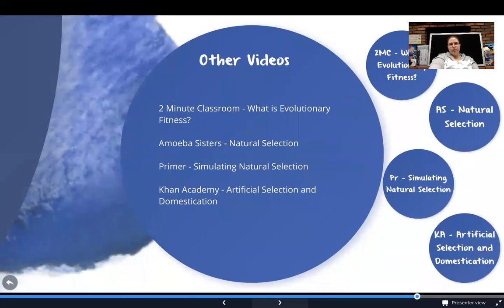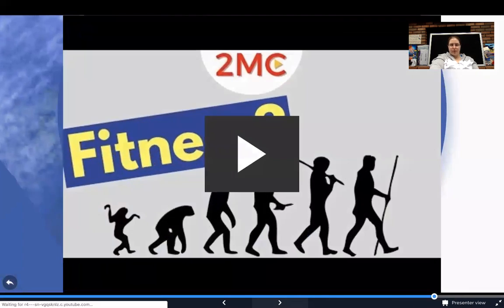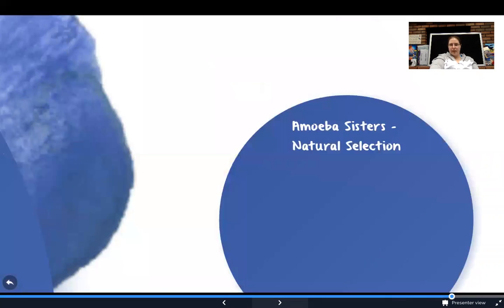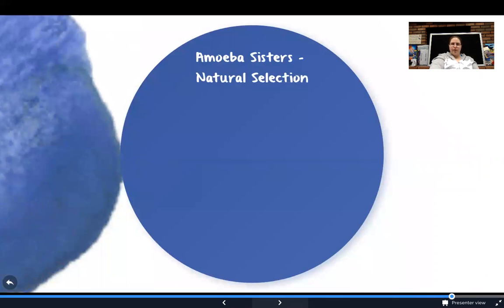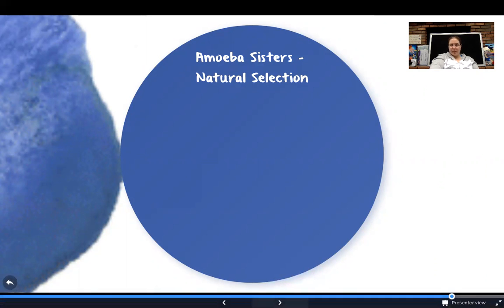And then here are some other videos that I think are good ones. There's a 2-minute classroom one, which discusses what is evolutionary fitness. Good explanation of fitness. The Amoeba Sisters, not quite sure why that thumbnail isn't showing up, but I'll make sure that it's there. But they have a great video on natural selection. Don't worry, it will be there when I post the link.